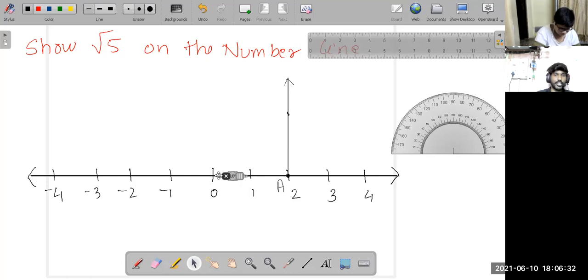Now, without changing the length, carefully take out the pointer and put it on point A and cut this ray, like this. Did you do up to here? Take your time. Once you're done up to here, just show me.